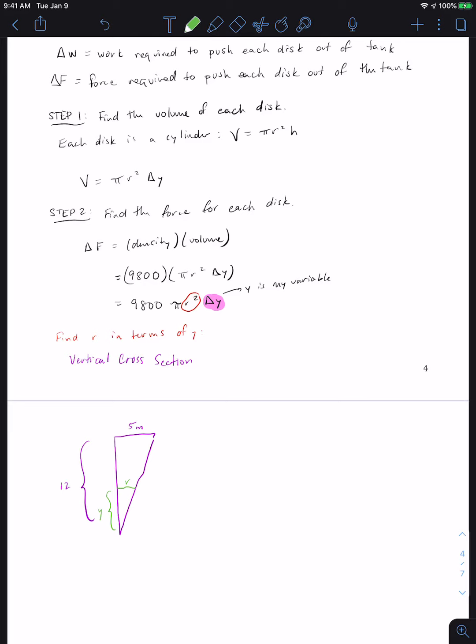And this is helpful because now I can use similar triangles in order to find an equation for r in terms of y, right? So here now, let's go back to red because that's what we're looking at. So using similar triangles, what do we get?